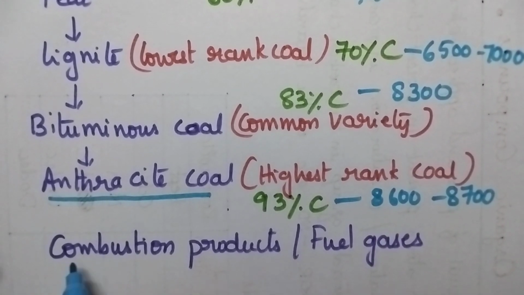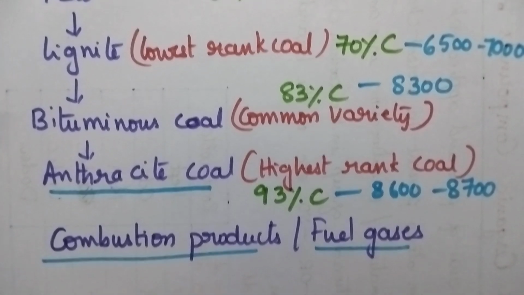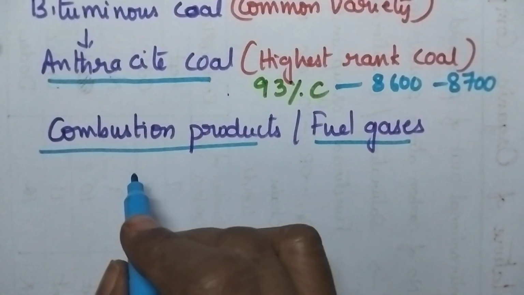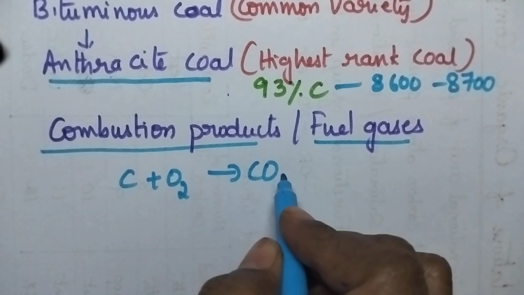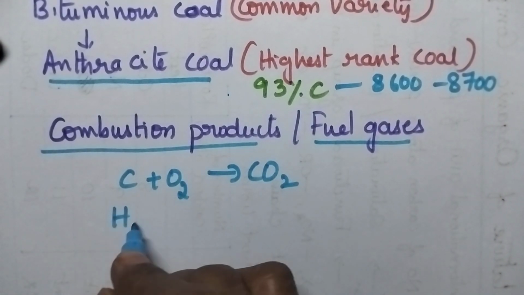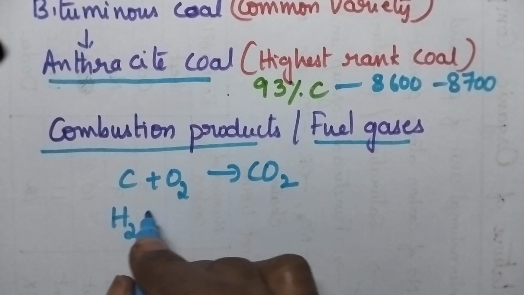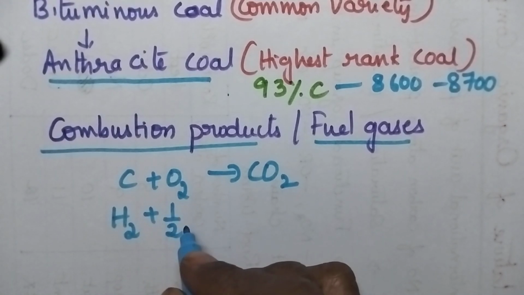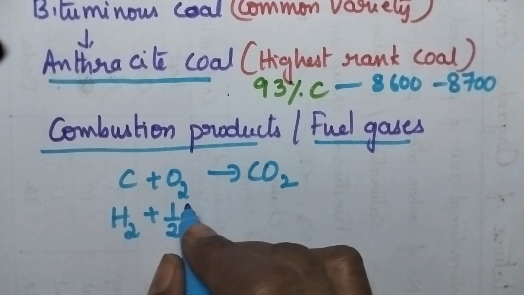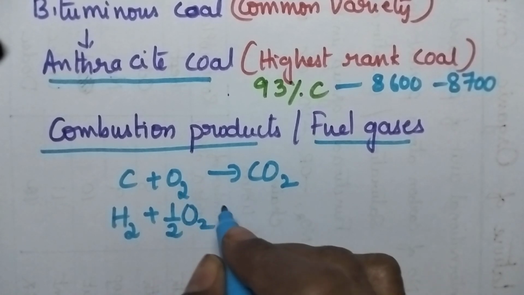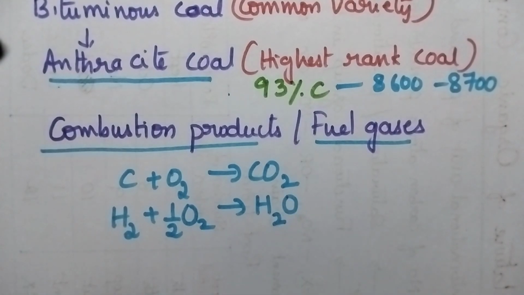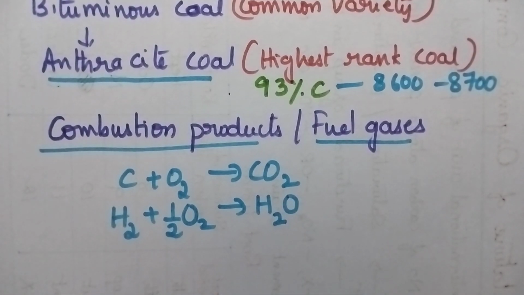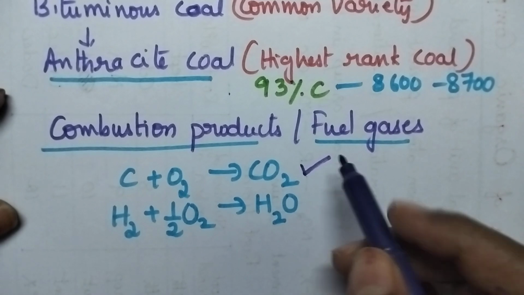So the fuel on combustion, especially the carbon reacts with oxygen, results in the formation of carbon dioxide, and the second constituent is hydrogen. It reacts with oxygen and also results in the formation of water vapor. So here the major product is carbon dioxide.